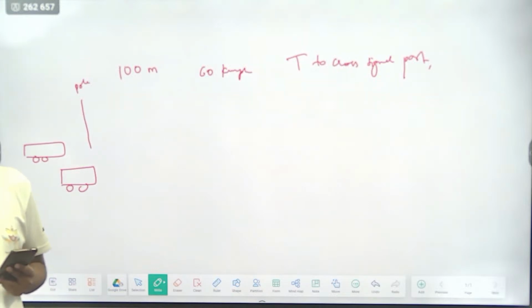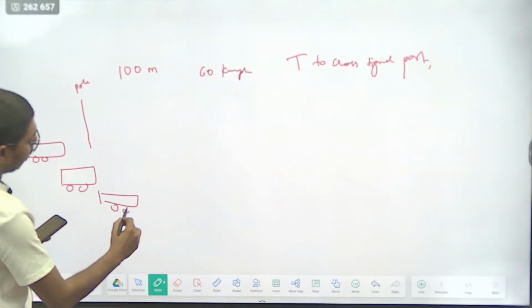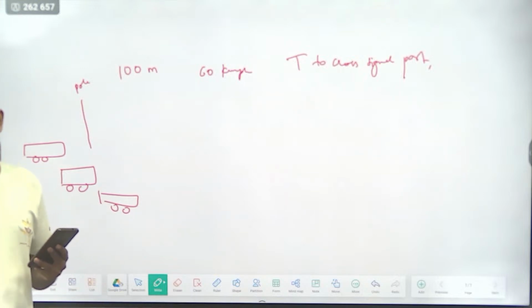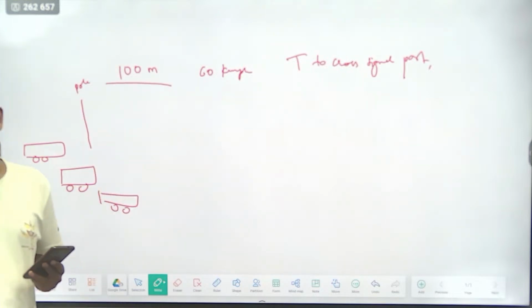If the back of the train is over here, then we will say that the train has crossed the pole. So the train has to travel its entire length of 100 meters to say that it has crossed the pole.